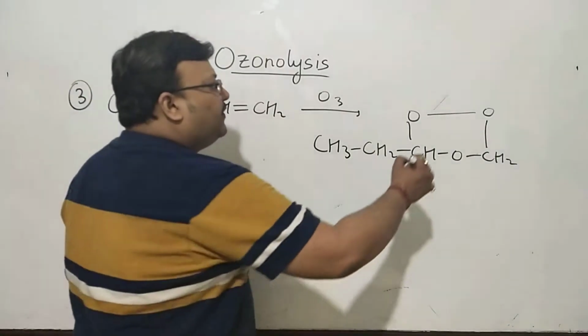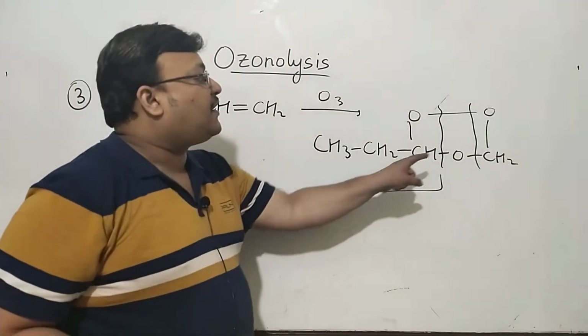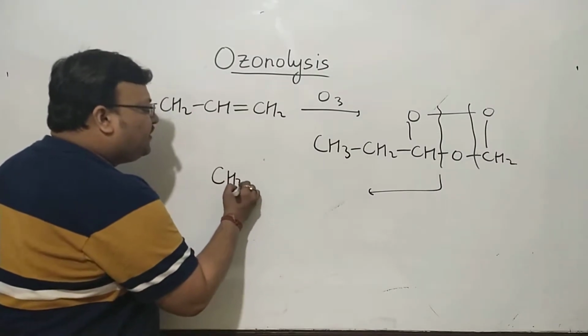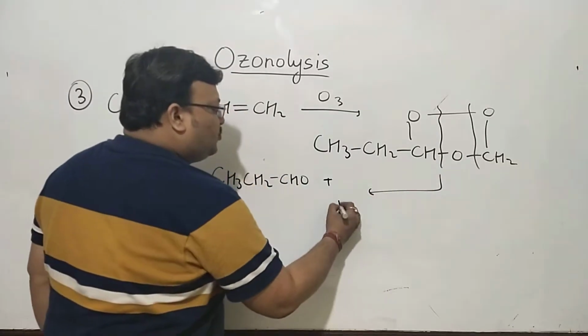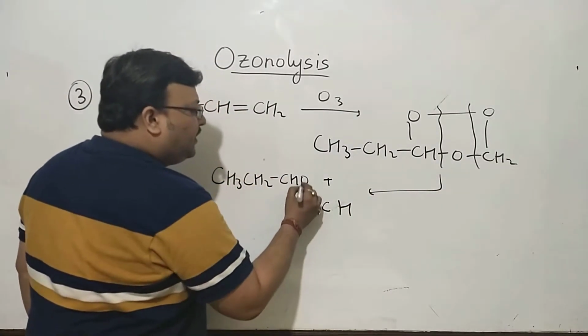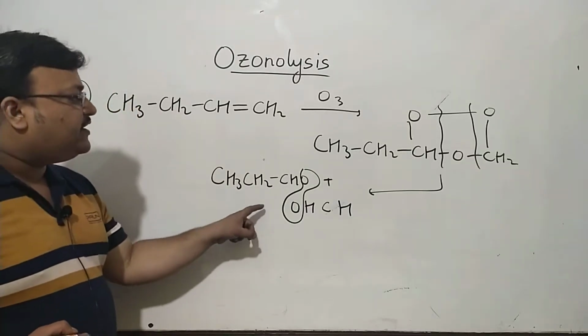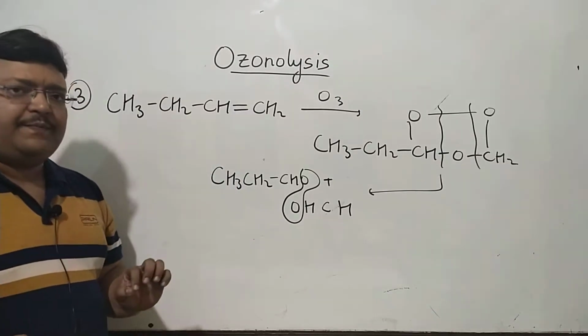Now for but-1-ene, when the ozonide is broken from left and right, you will get a mixture of two different carbonyls, which are CH3, CH2, CHO and HCHO. Certainly, when you remove these two oxygen atoms, CH3, CH2, CH double bond CH2 is how you get the structure of the alkene.